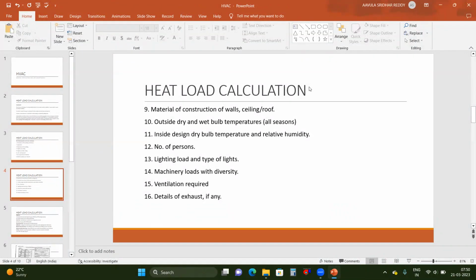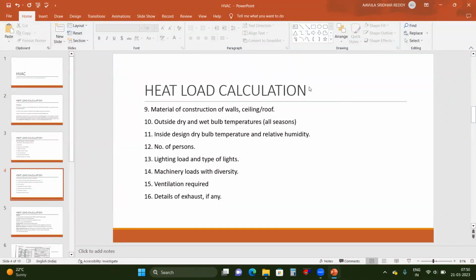Next one is the number of persons. How many persons will be working inside the room, that we need to add here. Depending upon the application, if it is an office area, more people will be there. Next one is lighting load and type of light.